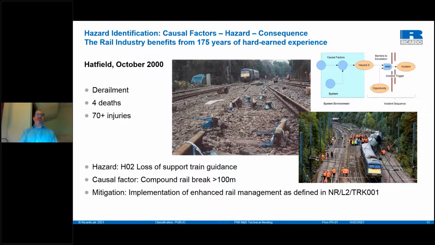Hatfield, October 2000. The whole point of this is really to make sure that the hazard that led to this, which was loss of support train guidance. Quick note on 802, the Rail Safety Standards Board has the safety risk model, which is a database of many years worth of accident data, and it has a list of probabilities of contributory factors occurring which could lead to an accident.